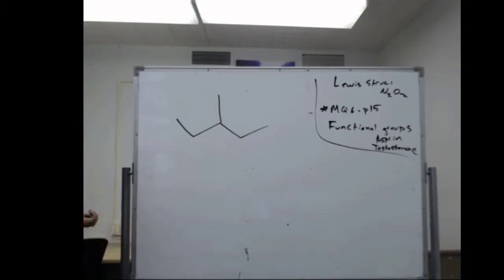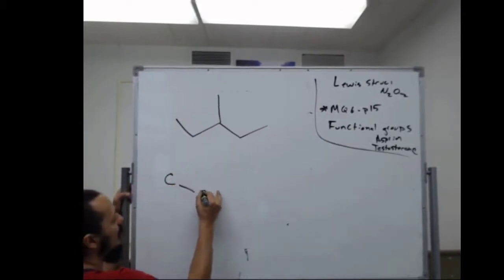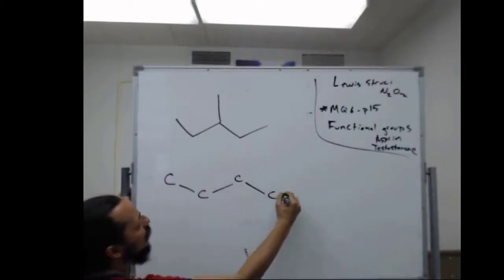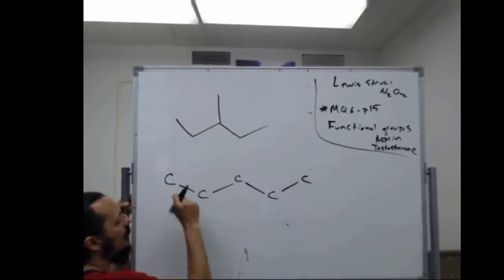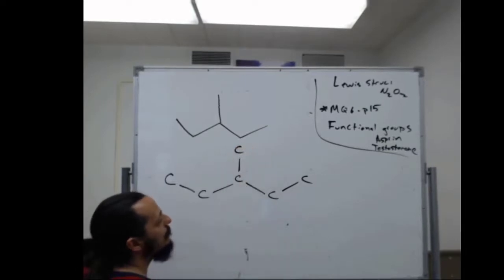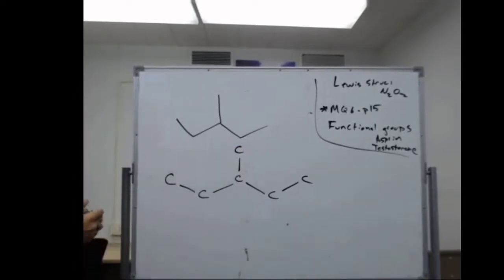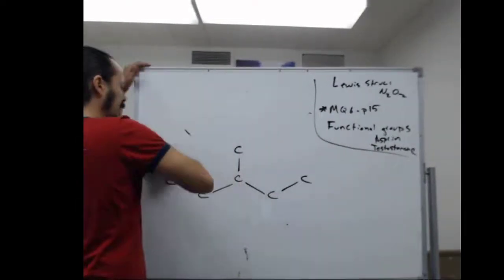So I'm going to go ahead and write the explicit structure associated with this. That's going to go carbon, carbon, carbon, carbon, and then one more carbon there. 1, 2, 3, 4, 5. And then a weird carbon up that way.